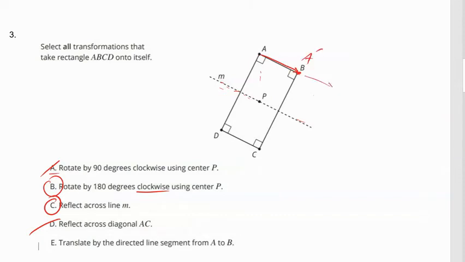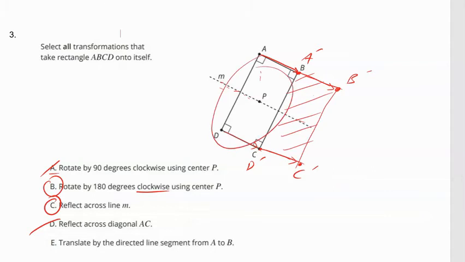B is going to also slide over, right, to over here. D is going to move over to where C was. And C is also going to go by that directed line, be over here. So your rectangle now slides further over than what you wanted. And that does not map onto the original figure. So no, that does not work.